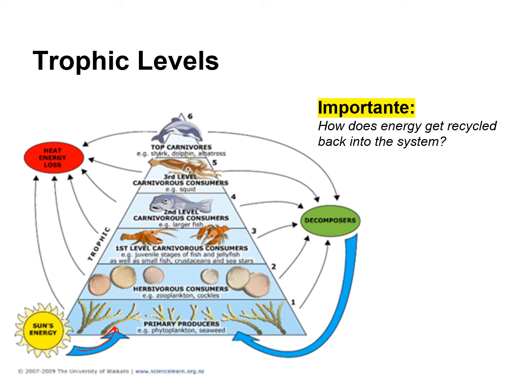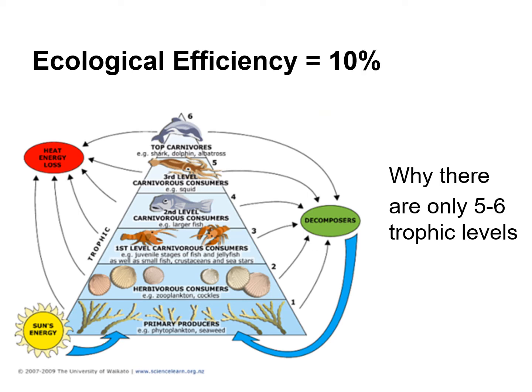So a big thing we're looking at with the energy in these trophic levels is the fact that they are only about 10% efficient in terms of giving energy to the level above. That means about 90% of our energy in each level is getting shipped off as heat energy loss. So only 10% of the energy from the primary producers is actually being used to help the herbivorous consumers grow.